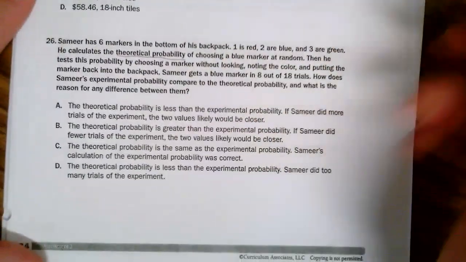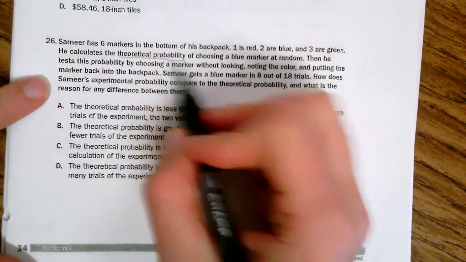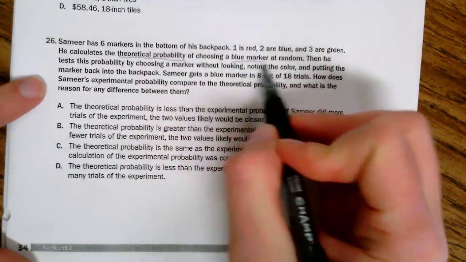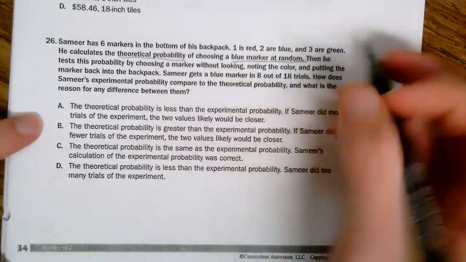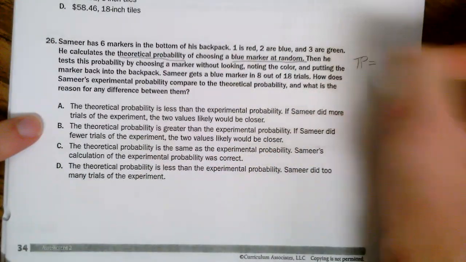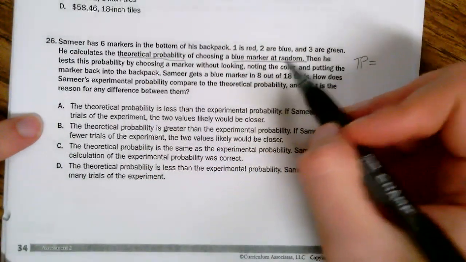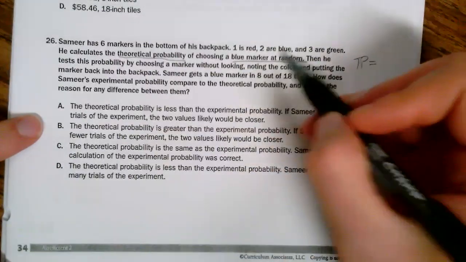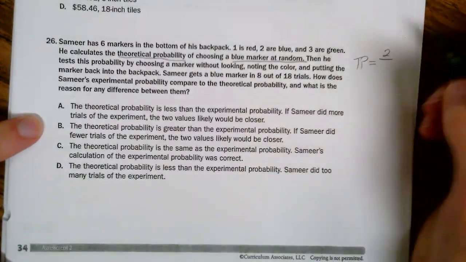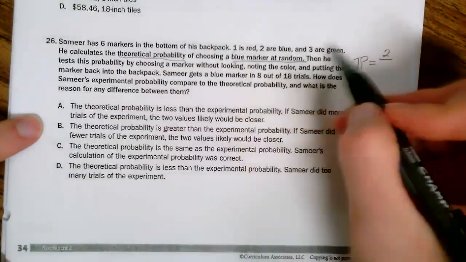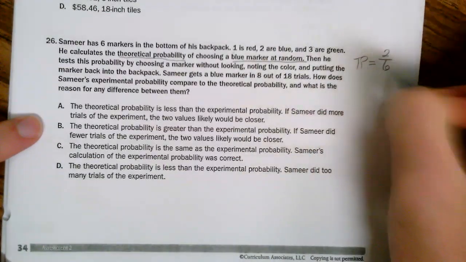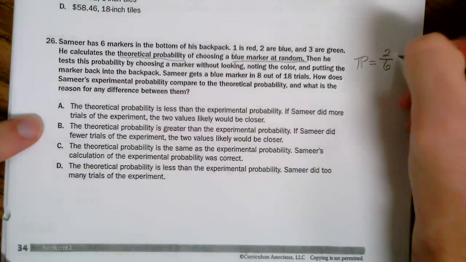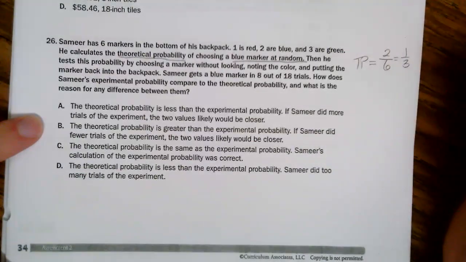Okay, so the theoretical probability of choosing a blue marker at random tells me how many blue markers to total. So there are 2 blues, and total there are 2, 3, 4, 5, 6. Okay, that's my theoretical probability, 2/6 or 1/3.